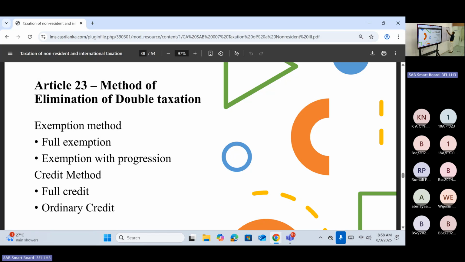If we have another income from country two, where the tax rate is, say, 20%, he has to pay tax in country two following the source principle. Because he is a resident of country one, he may have to pay tax on this amount as well, which he received from country two.